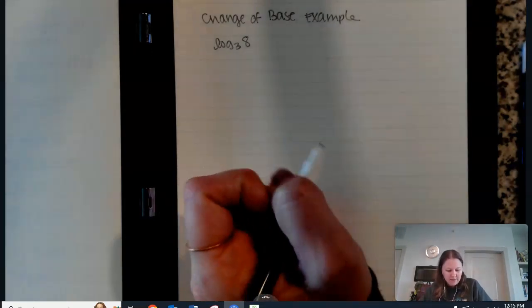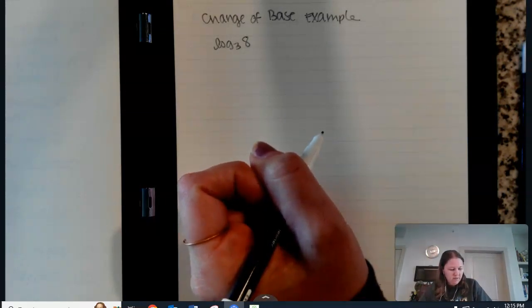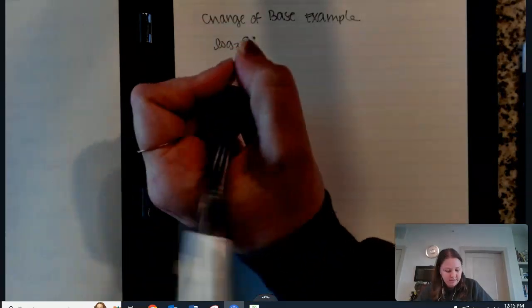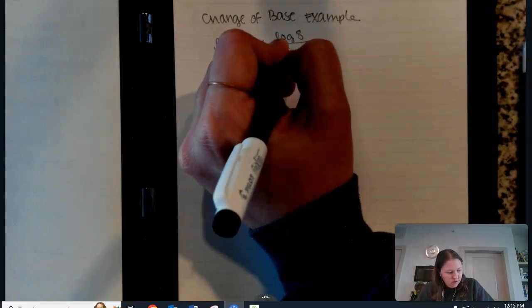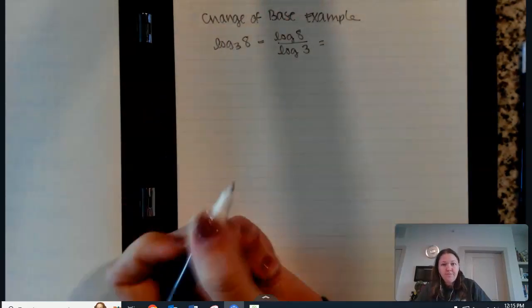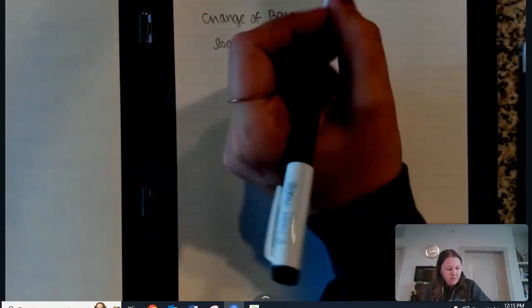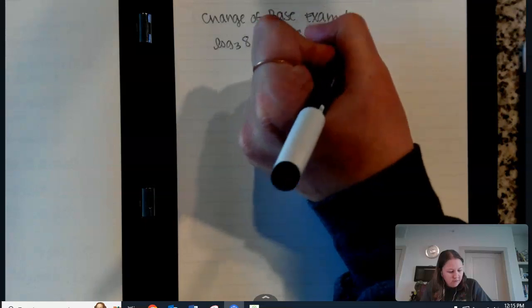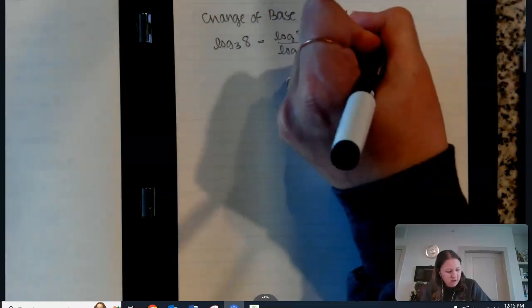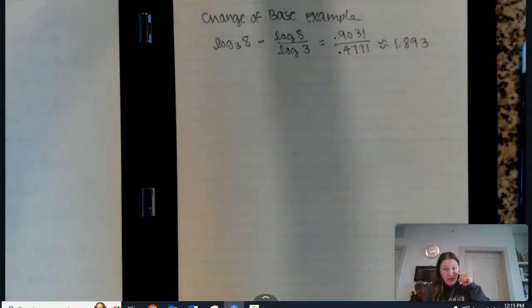So maybe it only matters for me when I didn't have the opportunity to do a different base. We always had to use log base 10. I don't know. Okay, so then you can just do log base 10 of 8 divided by log base 10 of 3, and you get 0.9031 divided by 0.4771, which is about 1.893, which is good.